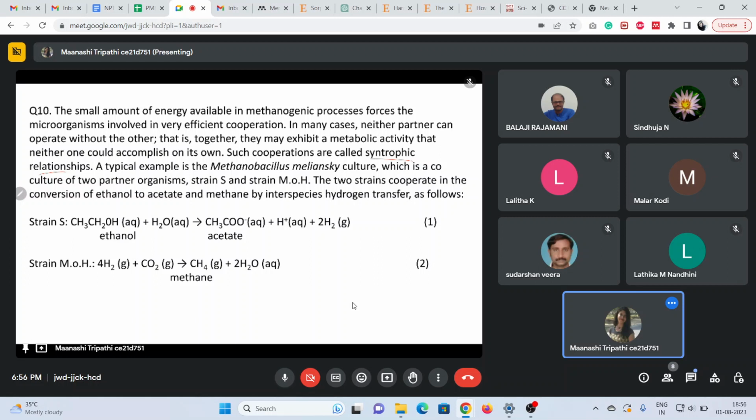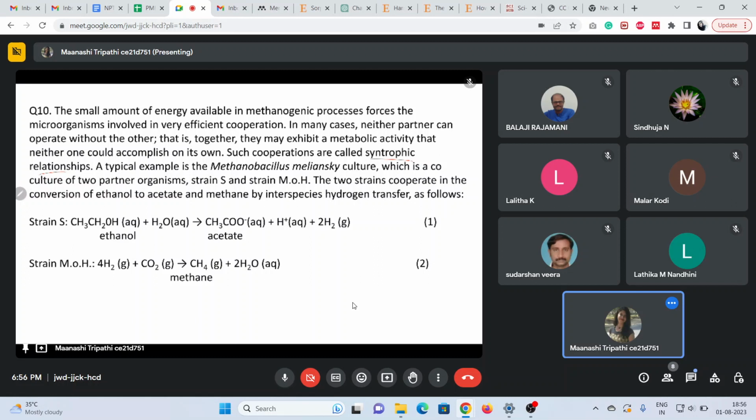Then only is this reaction feasible. If we keep on accumulating hydrogen, this reaction will go in the backward direction. So that is why, for the reaction to be completed by strain S, the reaction of MOH is important so that hydrogen can be utilized. I hope you are getting the point.